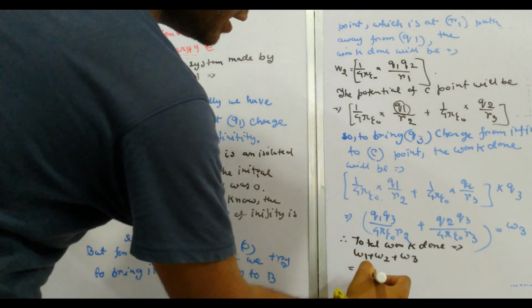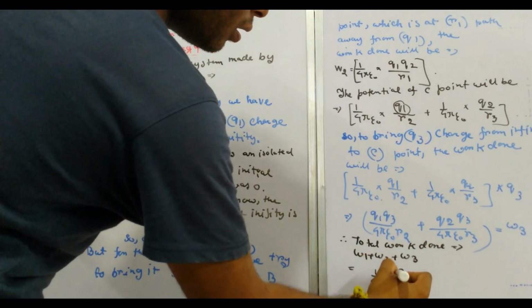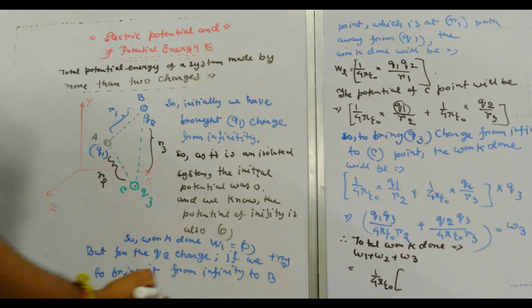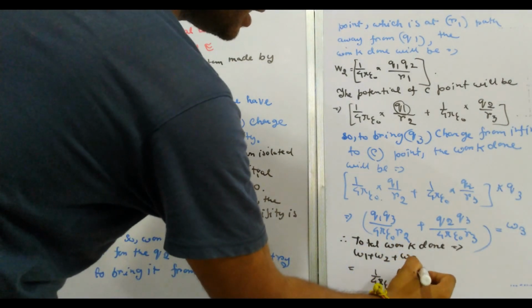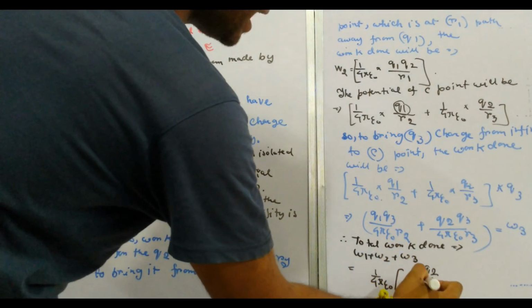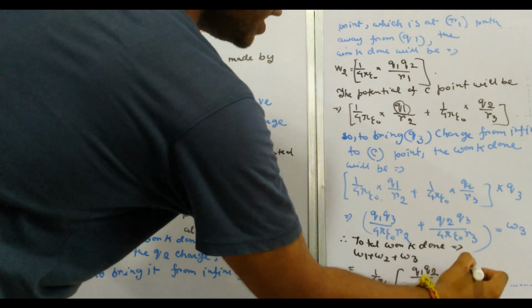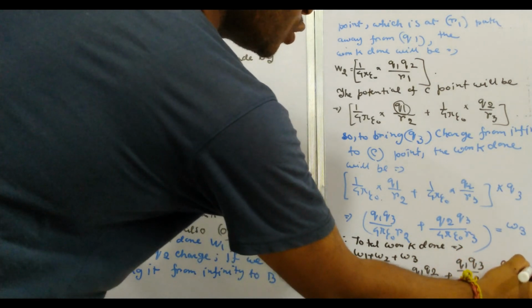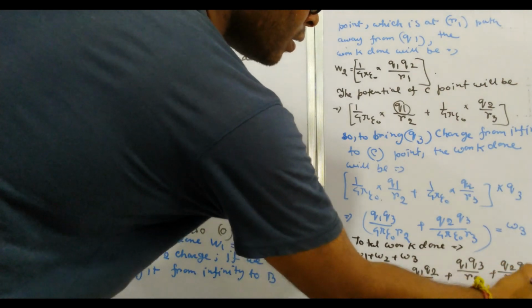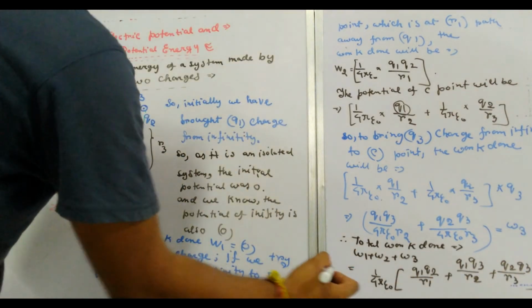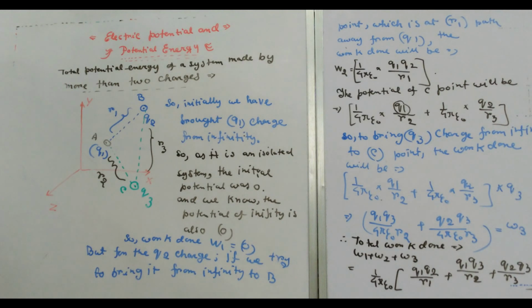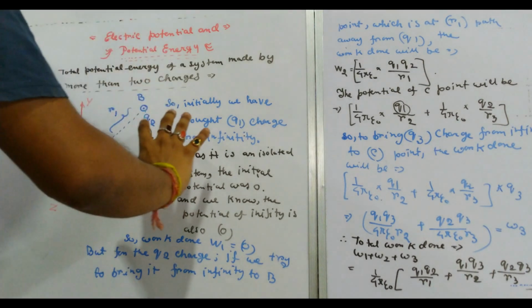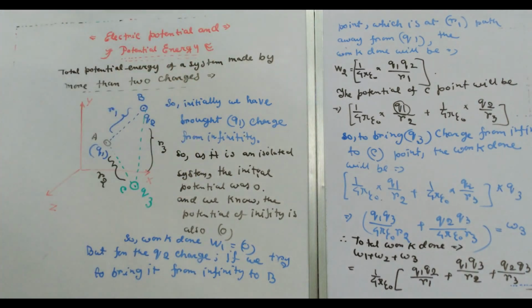So if we take 1 by 4 pi epsilon naught common, we will get Q1 Q2 by R1 plus Q1 Q3 by R2 plus Q2 Q3 by R3, and this will be the total potential energy of the system, which is equal to the total work done to construct the system.